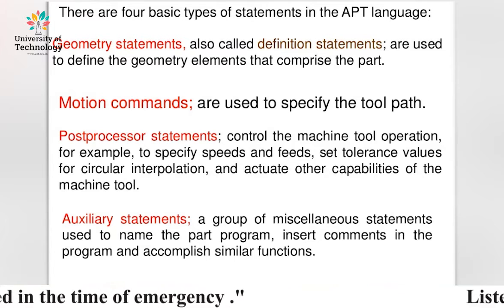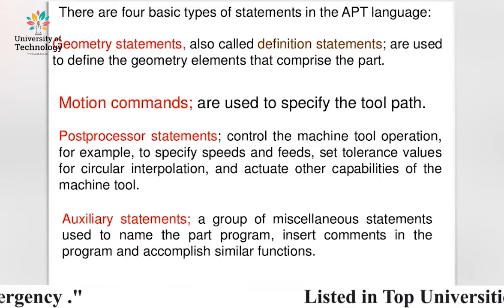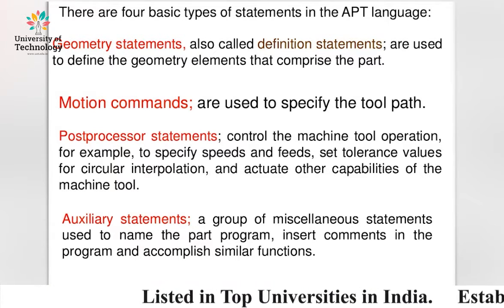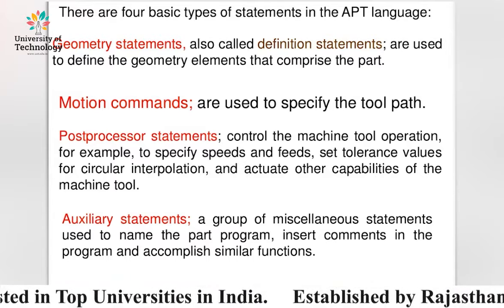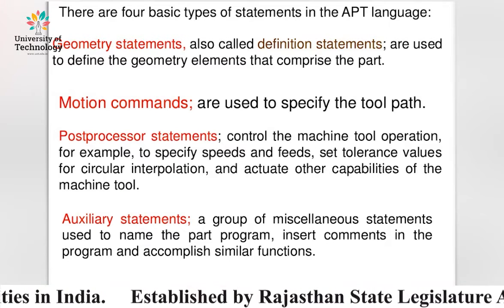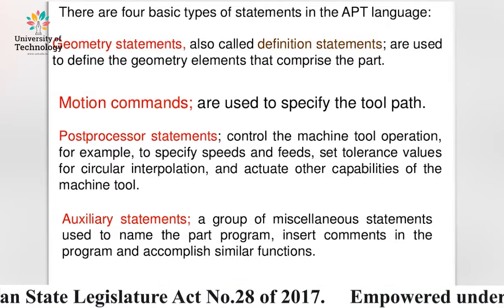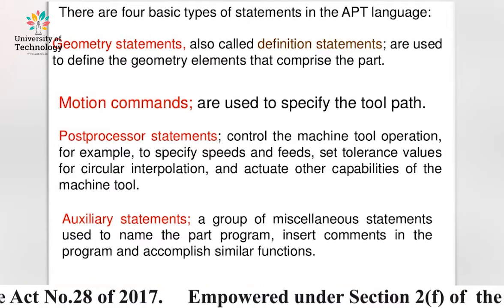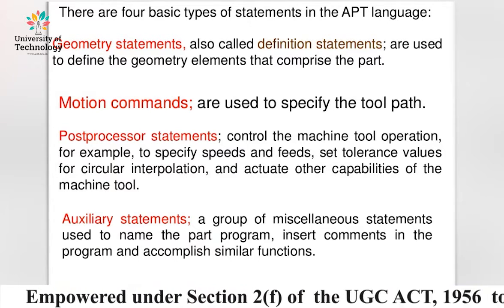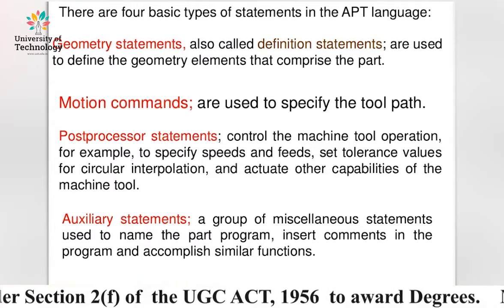That statement is also called a definition statement, used to define the geometry elements that comprise the part. The motion commands or statements are used to specify the tool path.